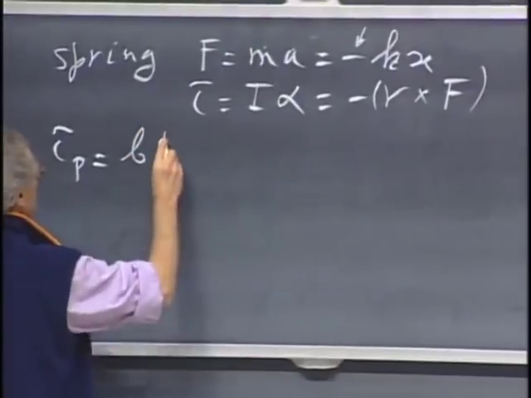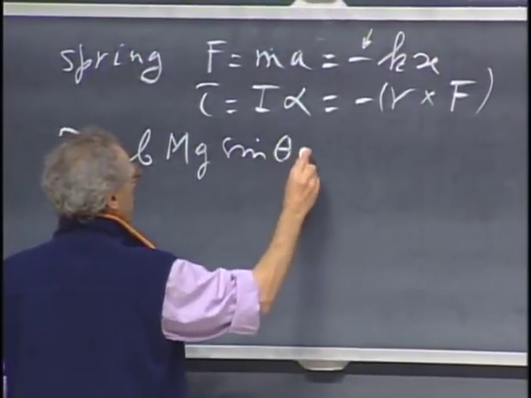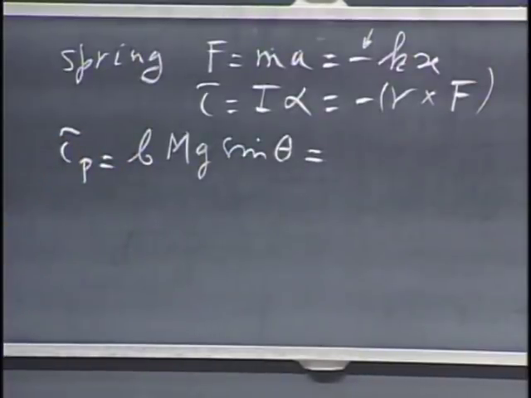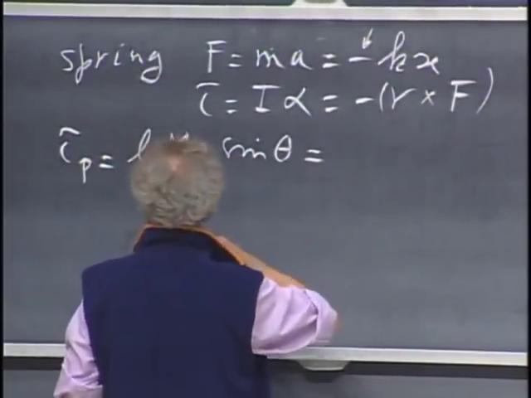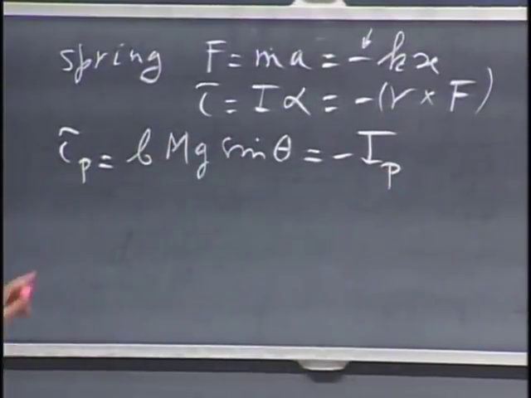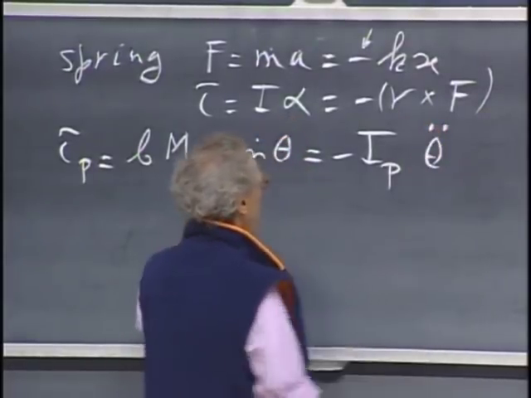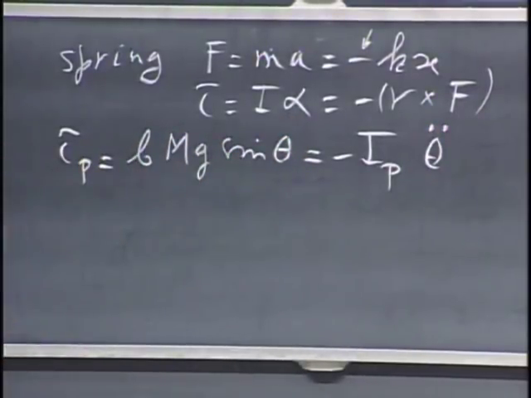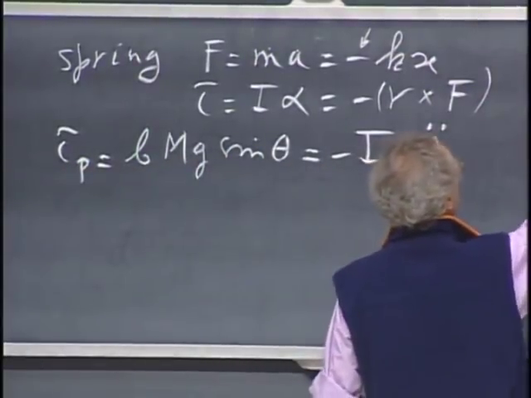So I have b times mg times the sine of theta, and that now equals minus the moment of inertia about point P times alpha, and alpha is the angular acceleration, which is theta double dot. I bring them together, and I use the small angle approximation.